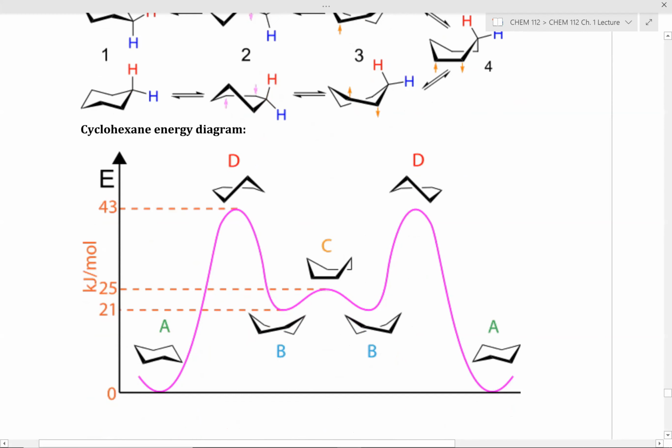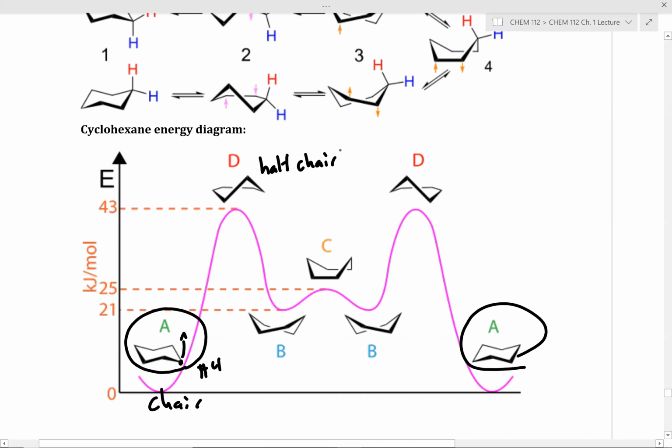Now, after we bring up carbon number 4, we end up with our highest energy conformation, which is the half chair. And the reason why the half chair is so high in energy is that it experiences a relatively large amount of torsional strain. Now, once we, so 1, 2, 3, 4.